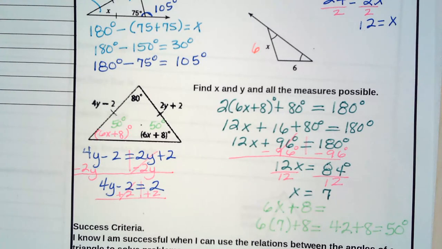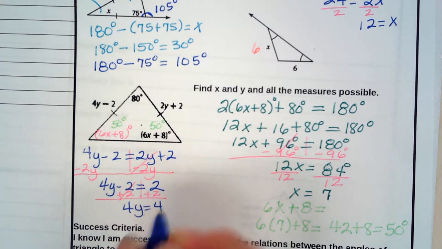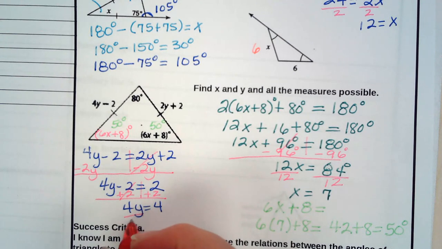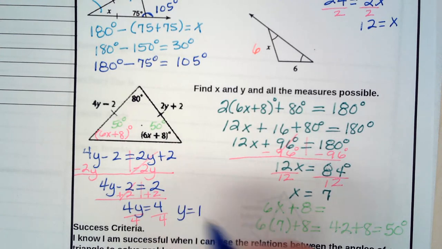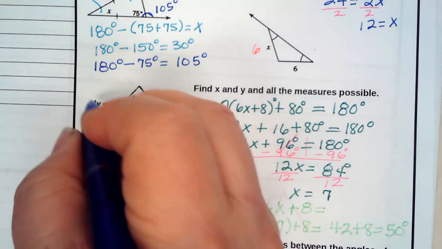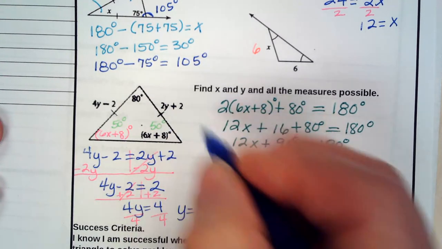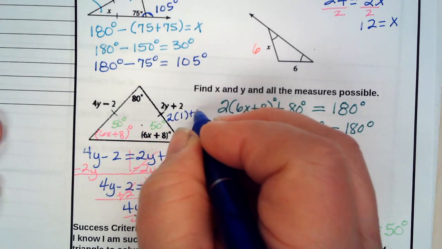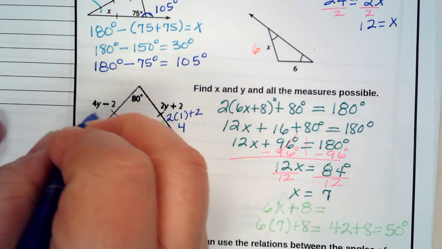I've eliminated it. 2y is equal to 4. Divide by 2. At this point you should know what y is. y is equal to 2. So either one is equally easy, with y being 1, so this would be 2 times 1 plus 2, which gives me 4. So both of these are 4 units.